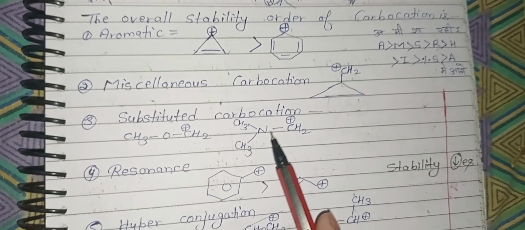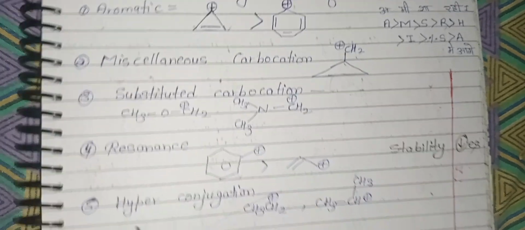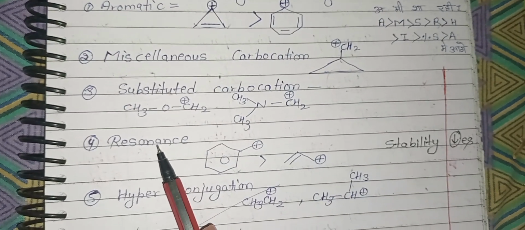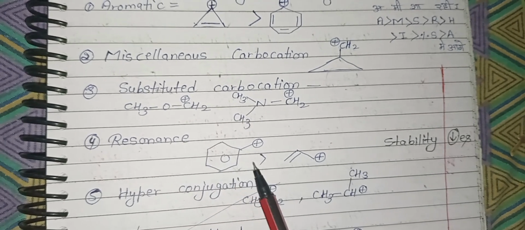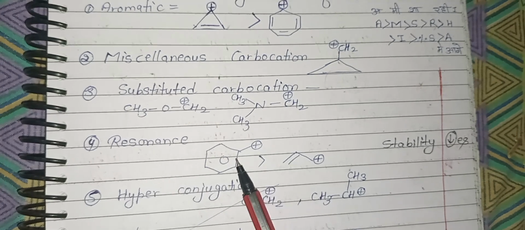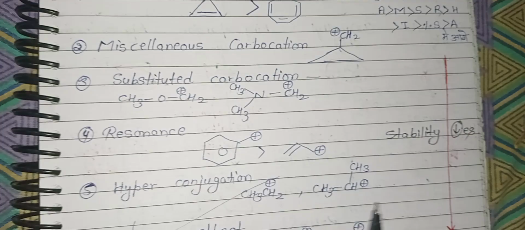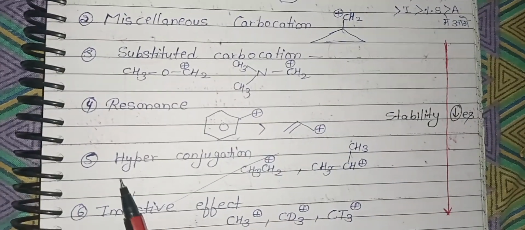Substituted means any heteroatom is directly attached to the carbocation. Then fourth, the resonance carbocation is more stable. Here, this is more stable and then this carbocation.